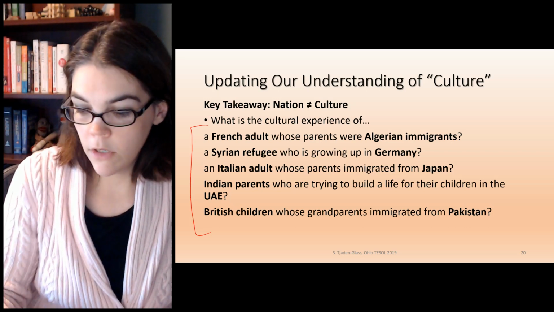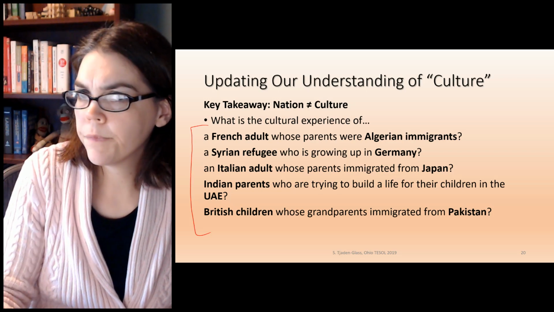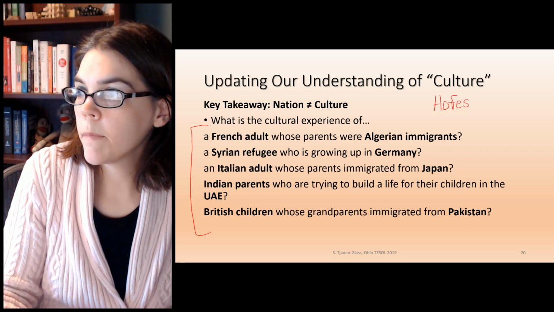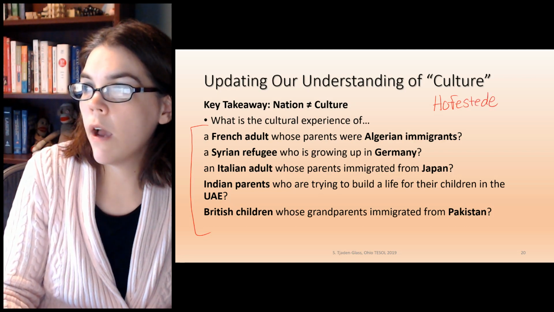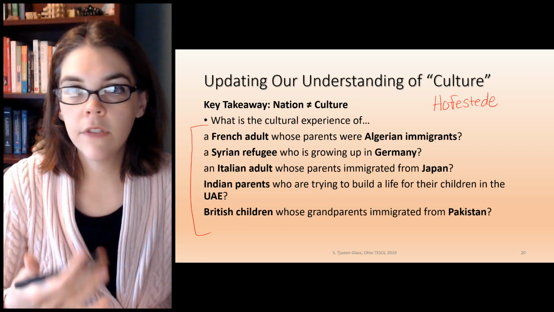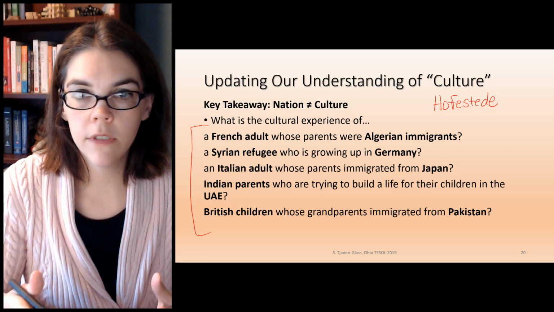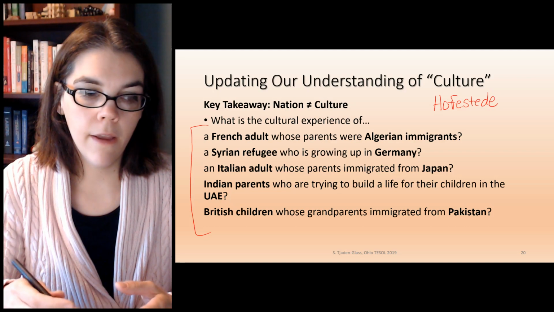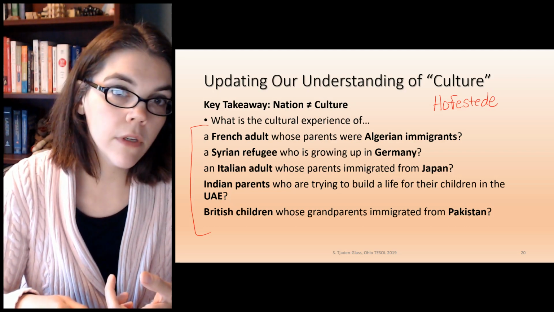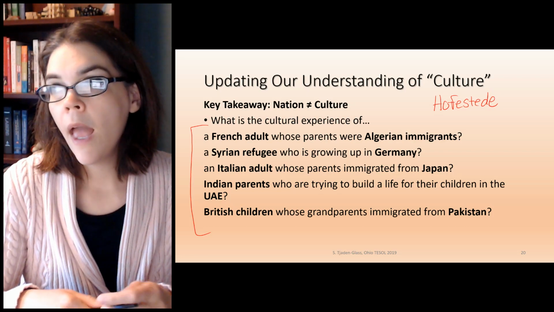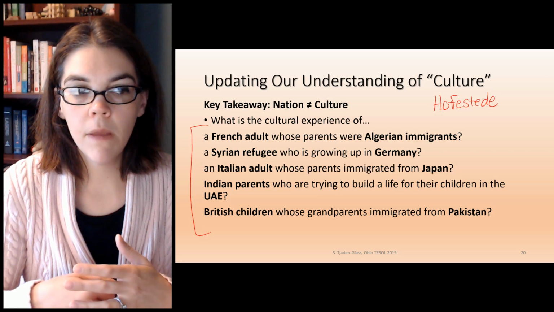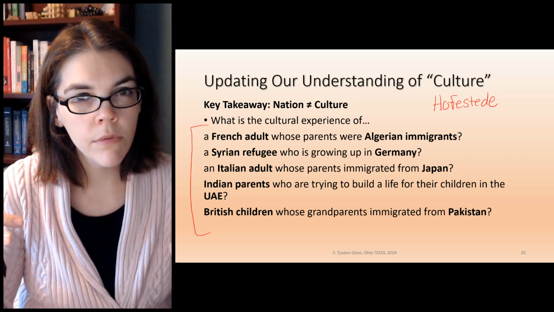Some people like to turn to Hofstede, and I'll write that here. Some people like to turn to Hofstede's categorizations of culture. Hofstede categorized cultures by things like, is it individualist or collectivist, or high power distance or low power distance? And I think that is useful for understanding at a kind of macro level.